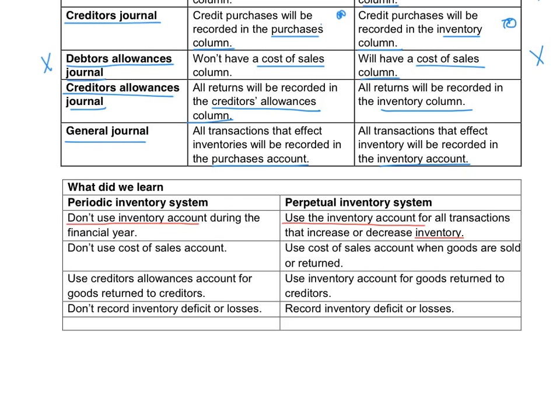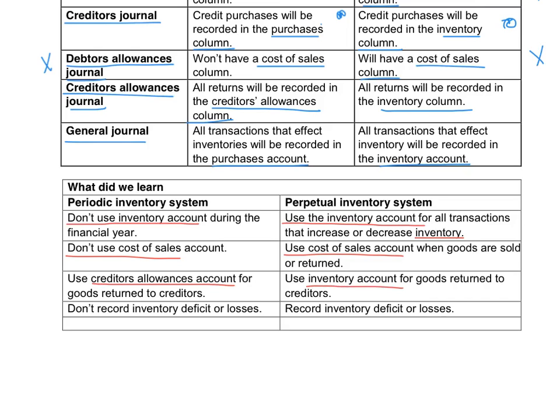You also don't use a cost of sales account during the year, whereas in the perpetual system you will use the cost of sales account every time goods are sold for cash or on credit or goods are returned by debtors. In the periodic system, they use a creditors allowances account when they return goods to the creditors. In the perpetual system, they use the inventory account when goods are returned.